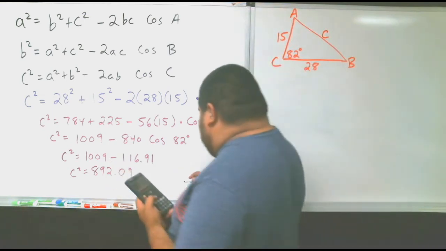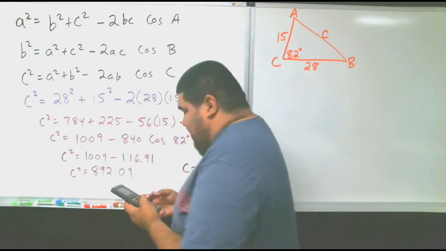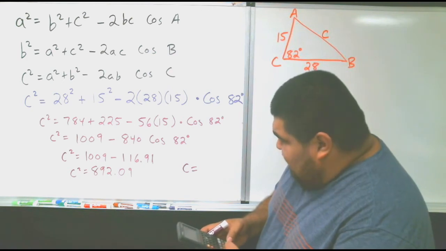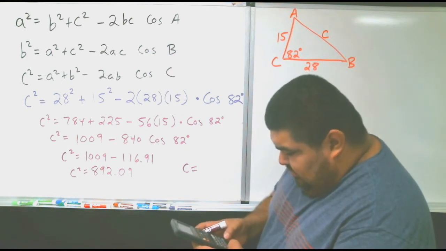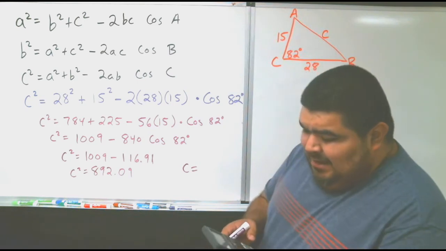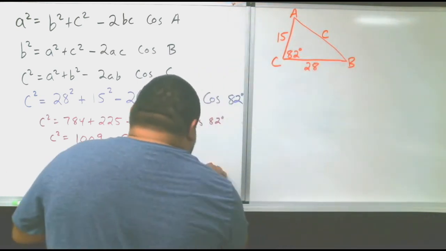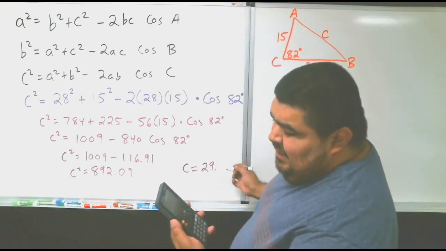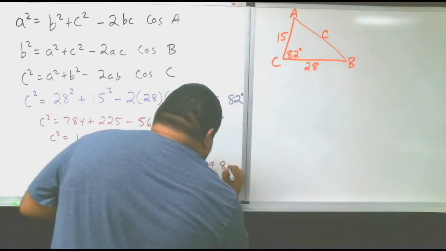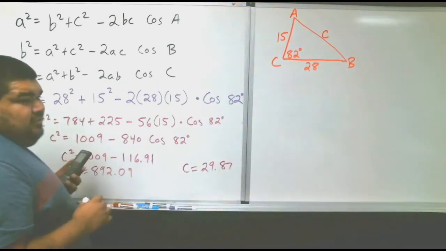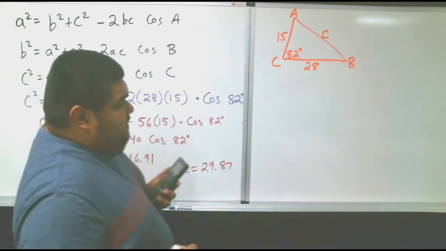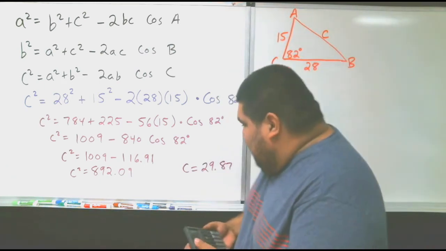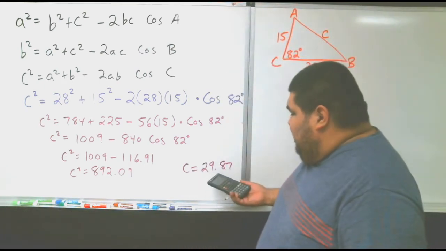So c equals the radical of 892.09, which equals 29.86, and rounding the next digit up, the side is 29.87. So side C is 29.87.